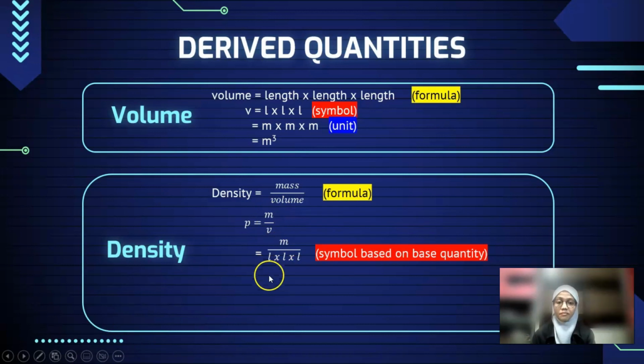So this is the symbol based on base quantities. So the unit will be kilogram over meter times meter times meter. So here we can get the density unit, which is kg over m to the power of -3. That is how we can find the unit of derived quantities.